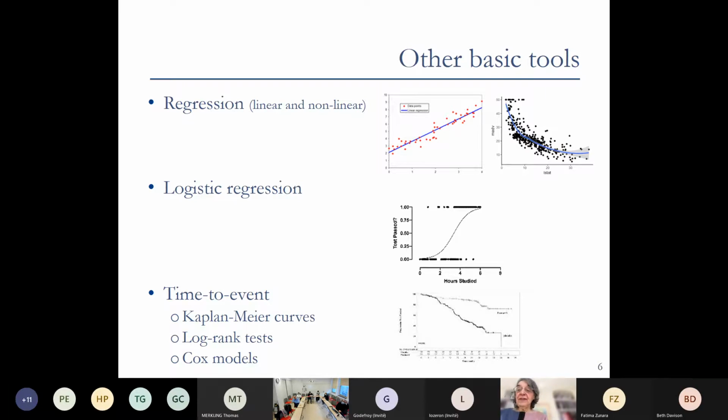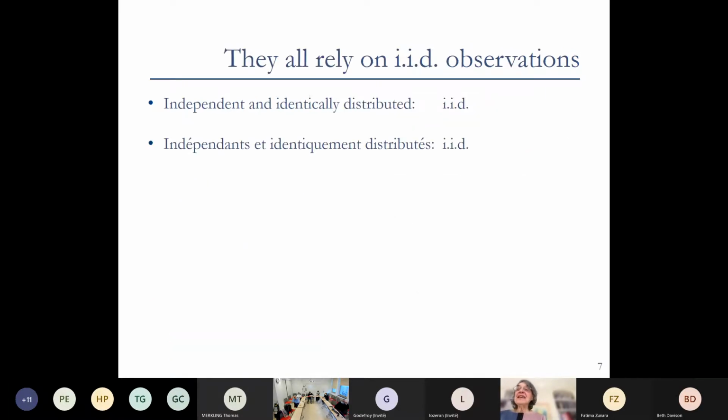The important thing, next slide, or an important thing, is all of these tools rely on what are called i.i.d. observations. In English, independent and identically distributed. And I won't show you how bad my French is, so I won't say it in French.